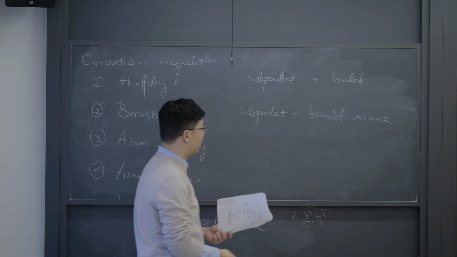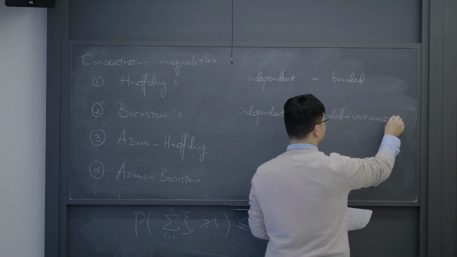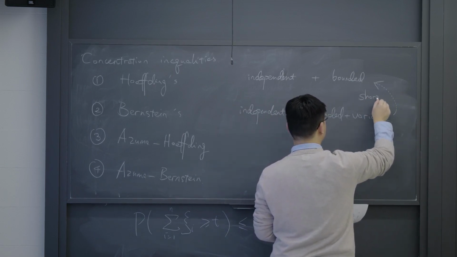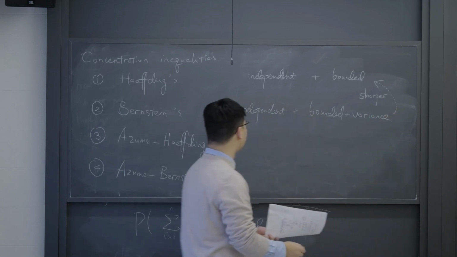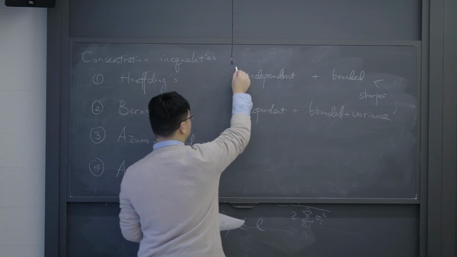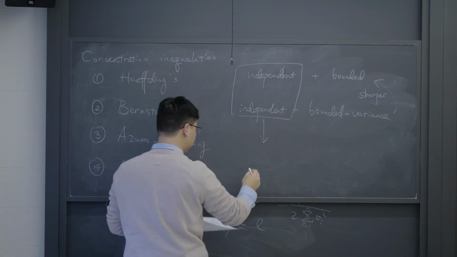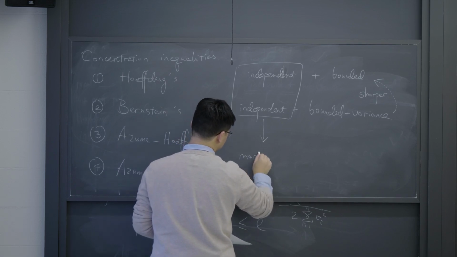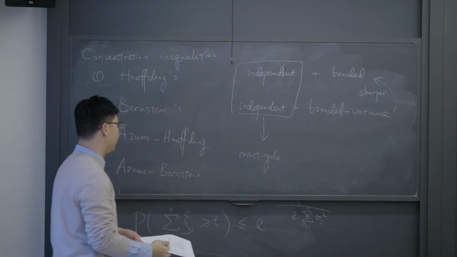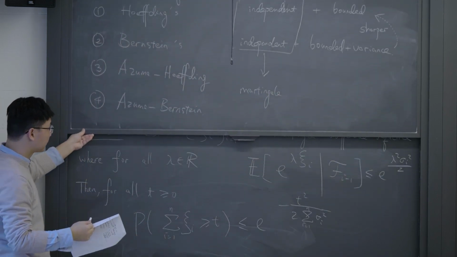So in this case, when the variance is much smaller than the bounds, this will be sharper than the previous one. And finally, we just relax this independence condition to martingale here. And everything else is the same, the Azuma-Hoeffding and Azuma-Bernstein correspond to Hoeffding and Bernstein respectively.